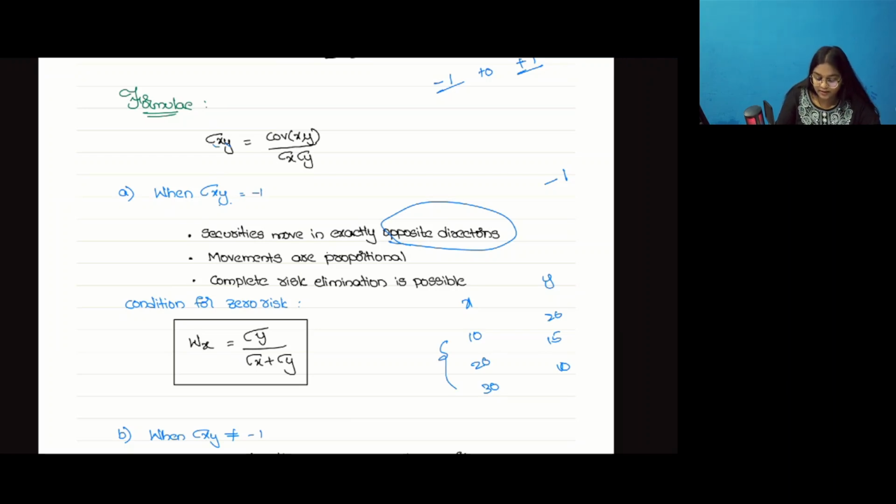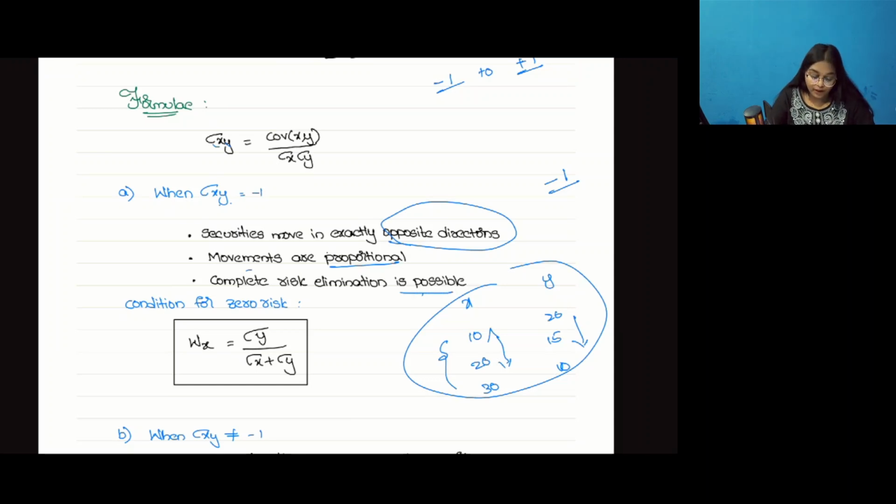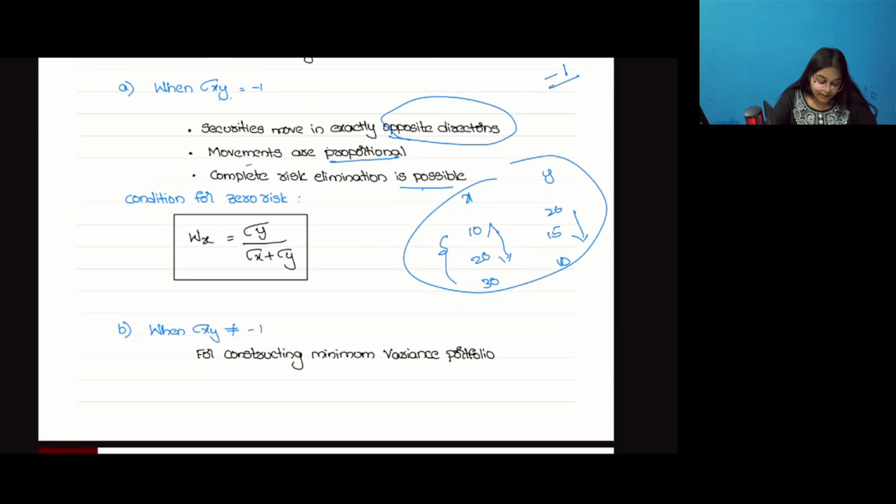X is increasing but Y is reducing. So the correlation coefficient of this example will be -1. Movements are proportional. Complete risk elimination is possible. So if the correlation coefficient is -1, we can completely reduce the risk to 0.